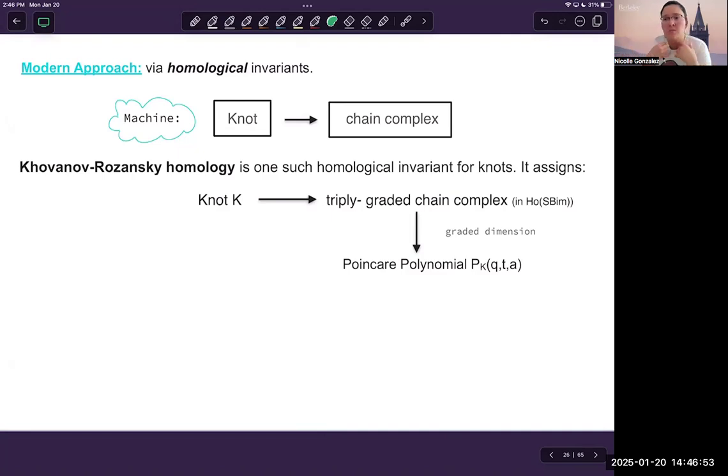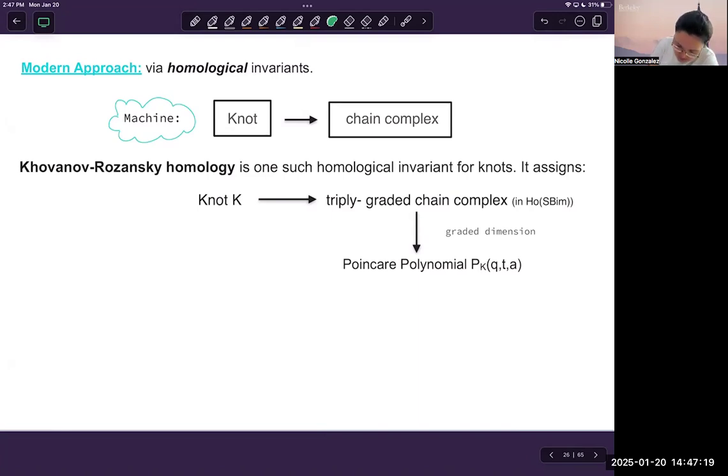When you do this, something you can always do with a chain complex and with a vector space in general is take its graded dimension. This is a dimension where for every dimension of the vector space, you end up with an exponent. So this allows you to compute what is known as the Poincaré polynomial of this associated chain complex.